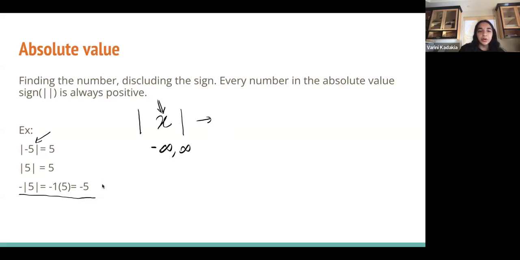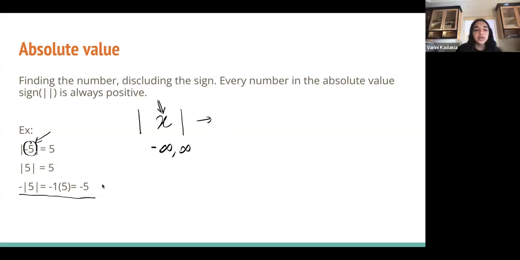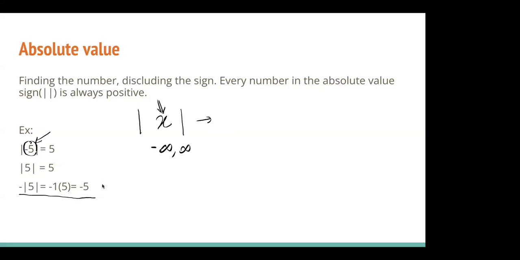So if you put -5 in here, you will always get 5. Inside the absolute value, the sign doesn't really matter. You just always take the positive version of the number. Make sense?